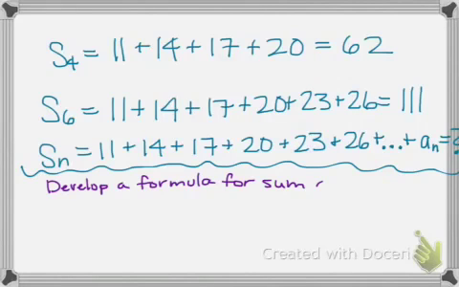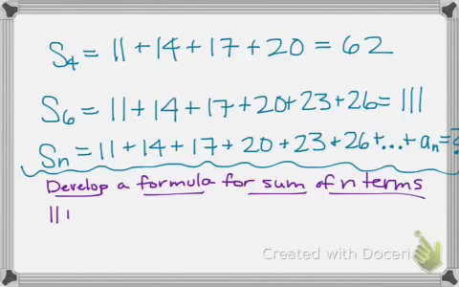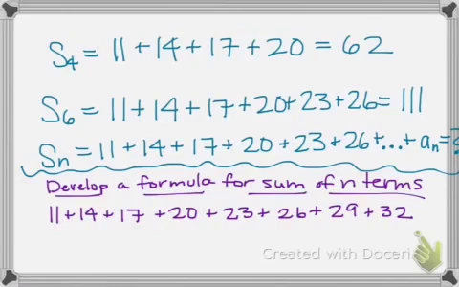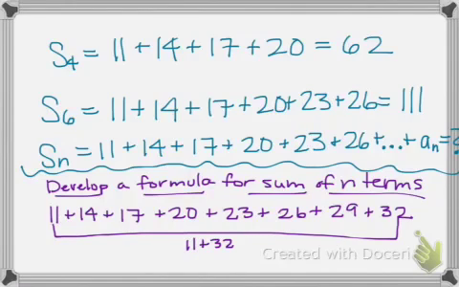So in order to figure out the formula for the sum of n terms, we'll just take an example. We'll take this series right here, and if you notice, if you take the first and the last term, 11 and 32, and add them together, we get 43.